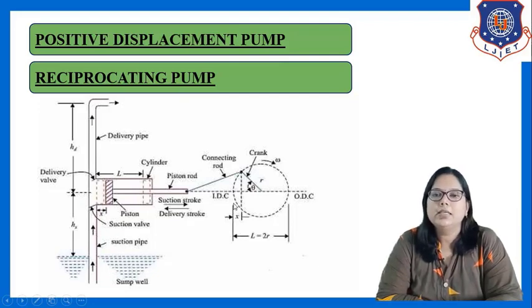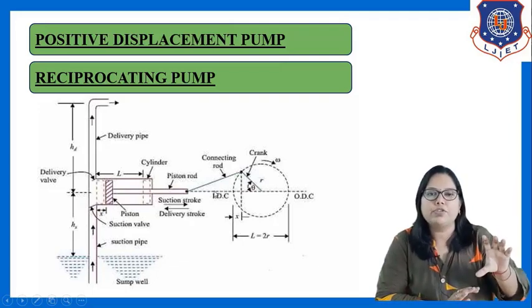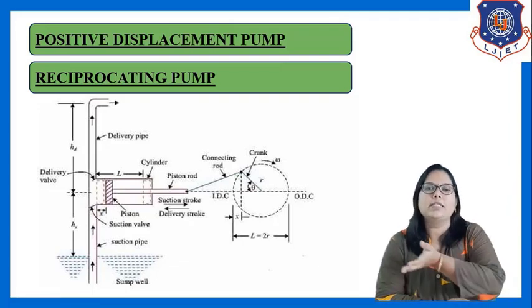As this crank rotates from 0 to 180 degree, it will lift this piston from left to right position. Due to that, it sucks the liquid from the sump. So the cylinder is now full of liquid. Now this crank rotates from 180 degree to 360 degree.